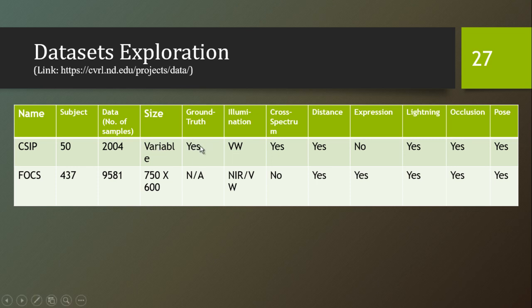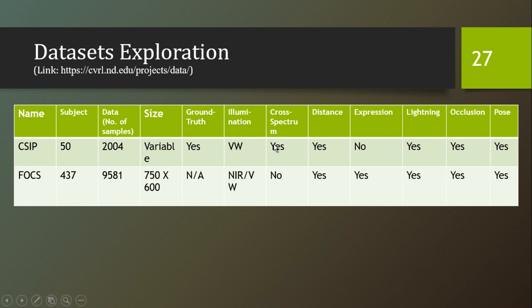Ground truth was available, but the ground truth for region of interest was not available. Illumination was present, and cross spectrum was present, because the images were captured from different sensors, therefore different mobiles, therefore different sensors.